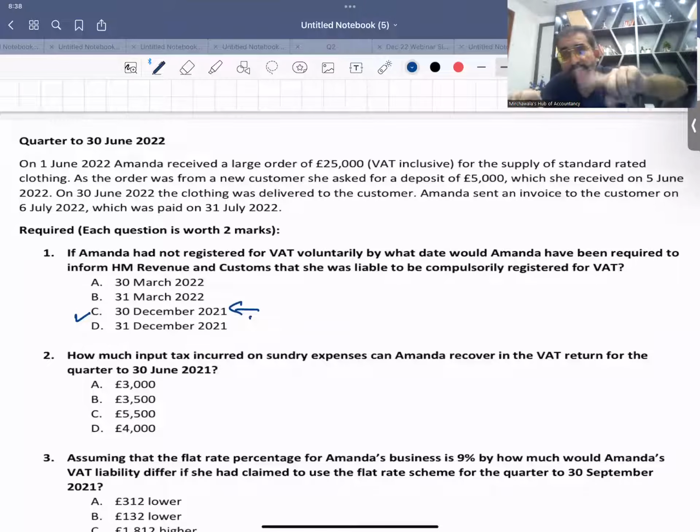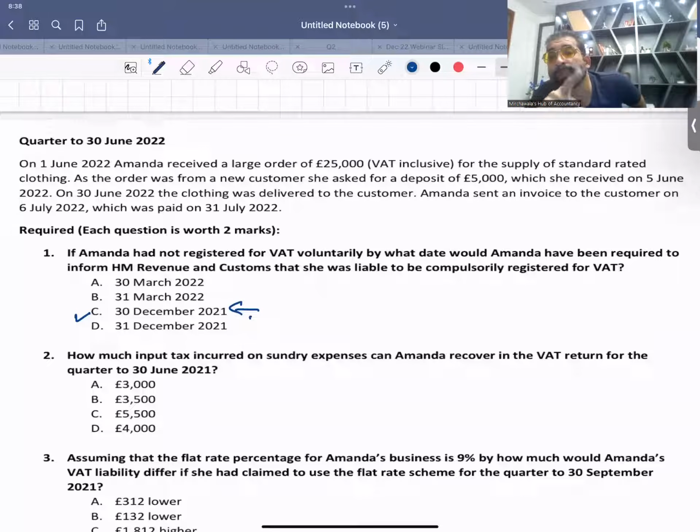But the tax department will give you registration from next month, from 1st of January 2022. This is the game. You have 30 days to inform. Open your eyes. So the due date is 30th December.